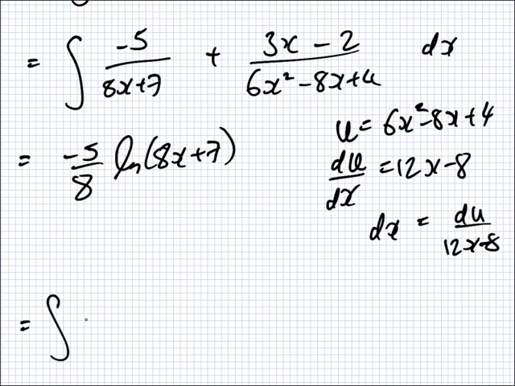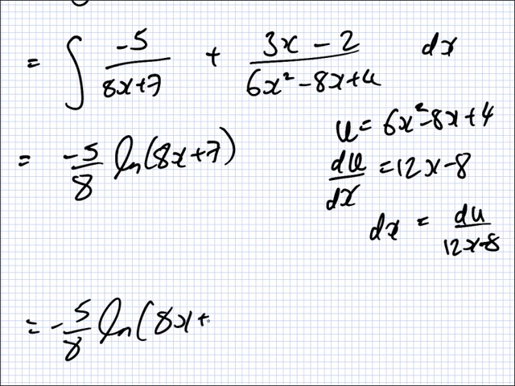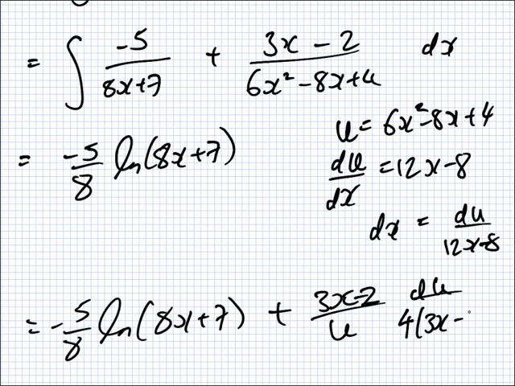So this is integrate minus 5 over 8x. Oh, sorry, I've done that one already. That's minus 5 over 8 log 8x plus 7 plus 3x minus 2 over u, du over, and I'll take the 4 out, 3x minus 2.